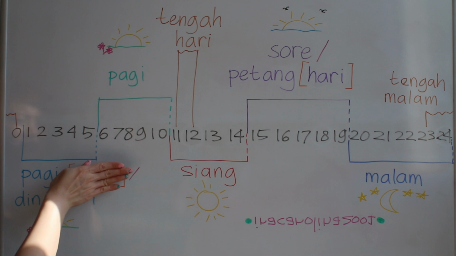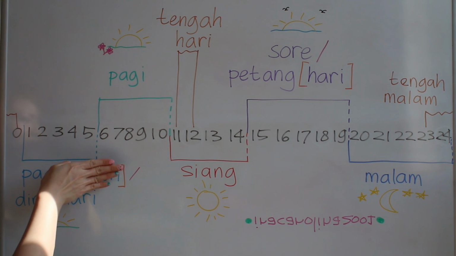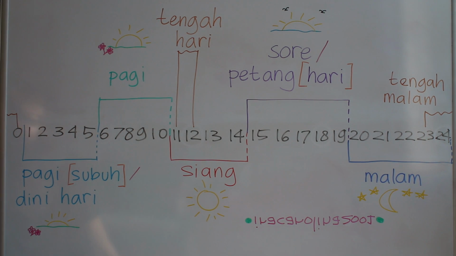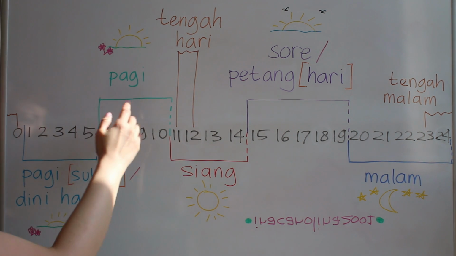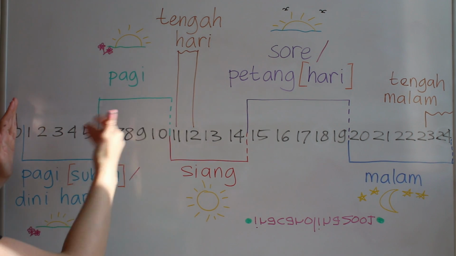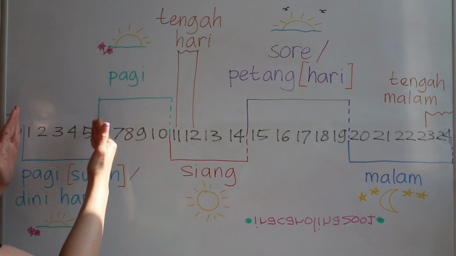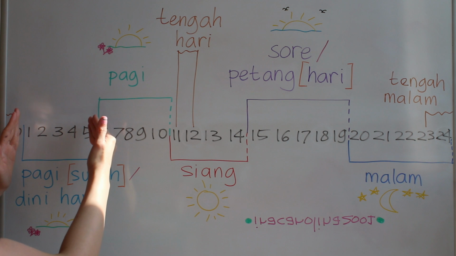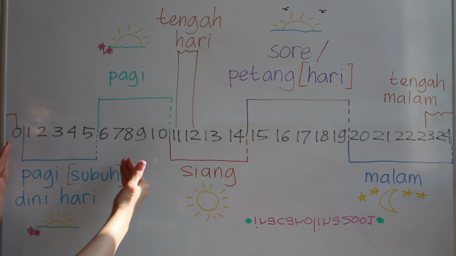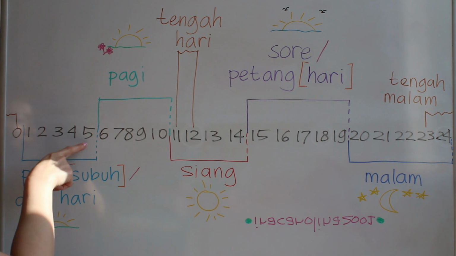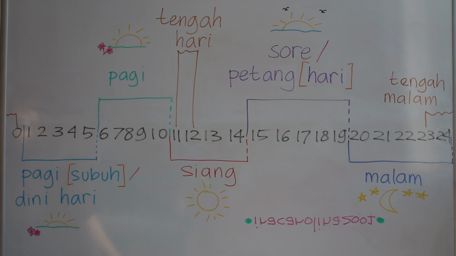Can you say it as pagi? Yes, there's nothing wrong if you say this one with pagi or morning, but it might get a bit confused with this morning. Of course, this section is all morning, but in Indonesia, we have the section specifically for early morning, which is from 0:31 to 5:30 in the morning.